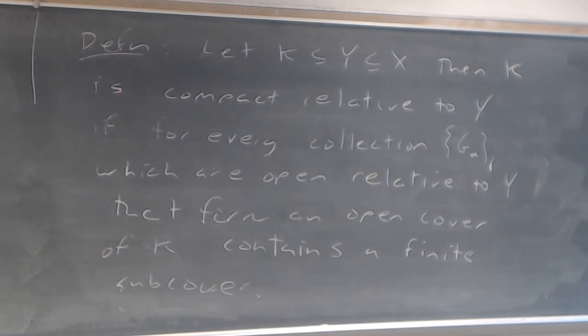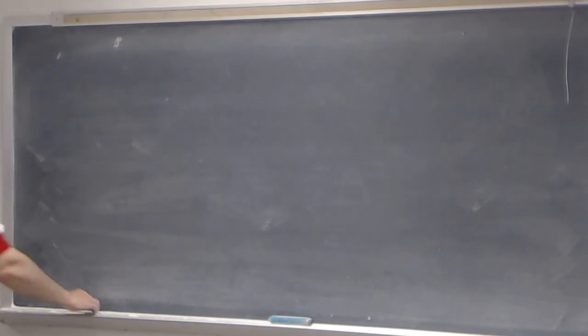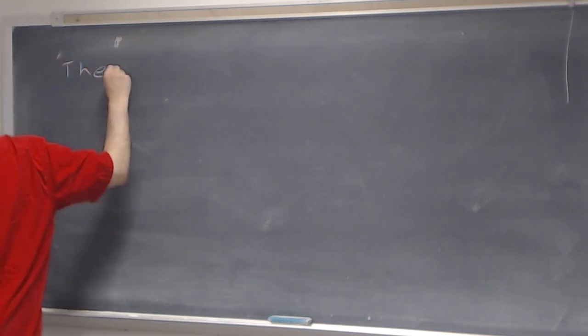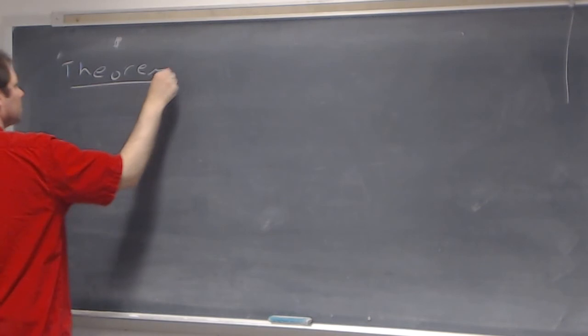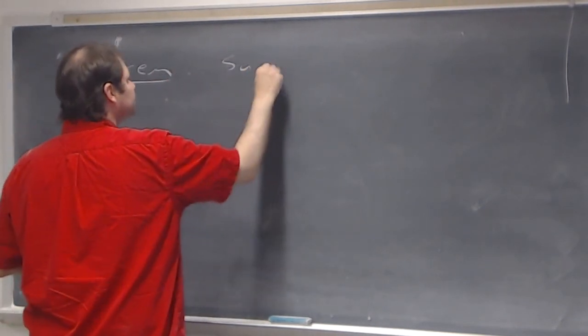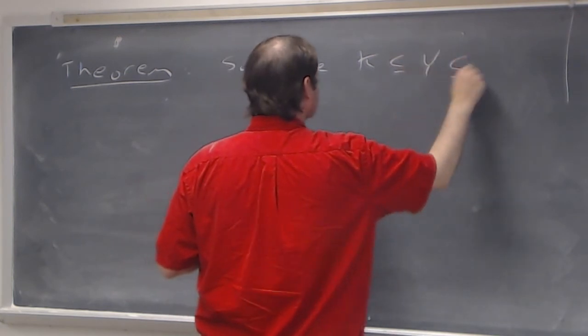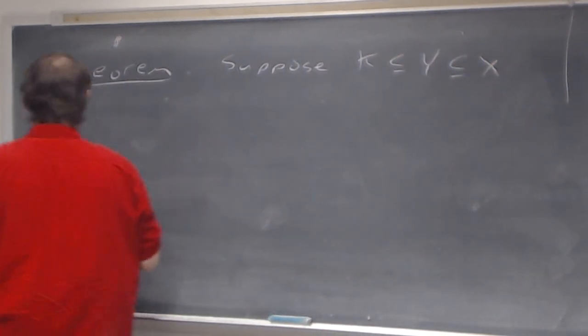And then I have the theorem that I want to prove about such things. Namely, suppose K is a subset of Y, it's a subset of X, X is a metric space.